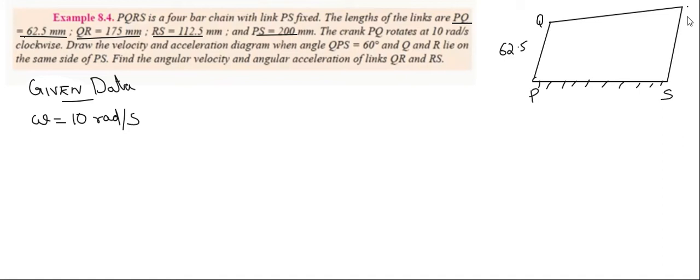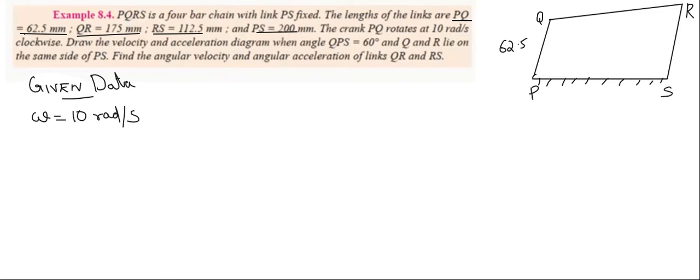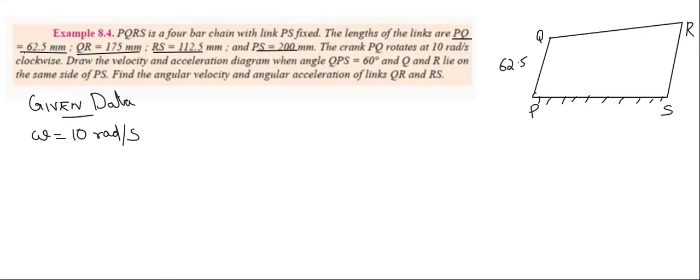So this will be R, and QR is given as 175 mm, RS is given as 112.5 mm, and PS is already mentioned as 200 mm. So this is a rough diagram, and omega of 10 radians per second is given to PQ in the clockwise direction. So in this direction there is an omega equal to 10 radians per second.